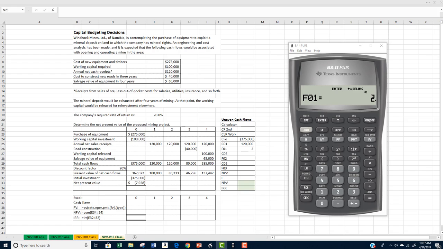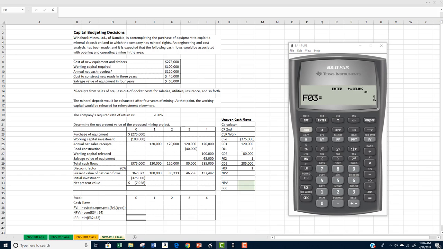Arrow down and enter 80,000 in CO2. Arrow down and enter 1 for FO2. Arrow down and enter 285,000 for CO3. Arrow down and enter 1 for FO3.